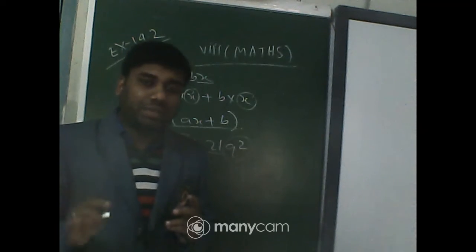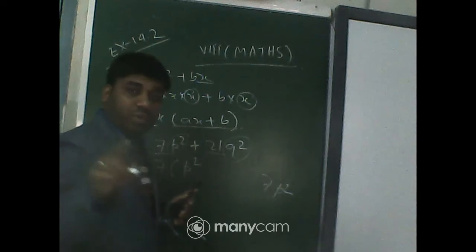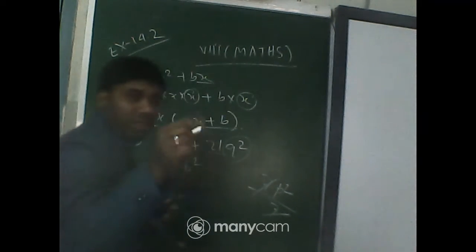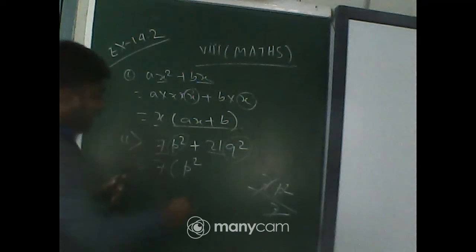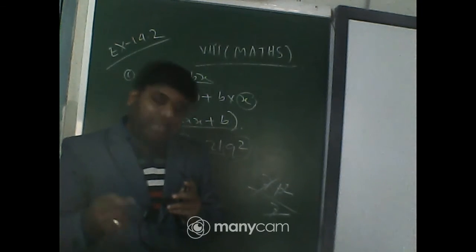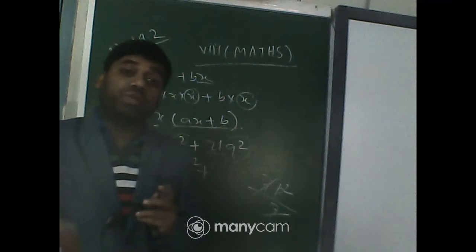From 7p square, if you take common 7, what will be the remaining term? Divide by 7, only p square is left. So write it down, p square. Next, plus. From 21q square, if I take 7, what will be left?